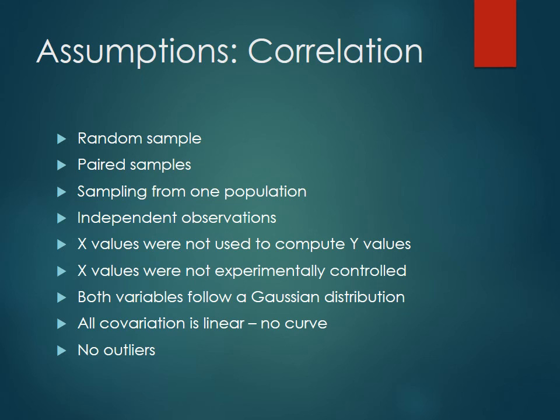You also want to assume that the data is normally distributed, or Gaussian in nature, and that in this case, when we're looking strictly at correlation, the covariation is linear. We'll talk about nonlinear regression in the next section, but just know that in this case, we're just looking at linear correlation here. And obviously, no outliers. That kind of goes along with the Gaussian distribution as well.